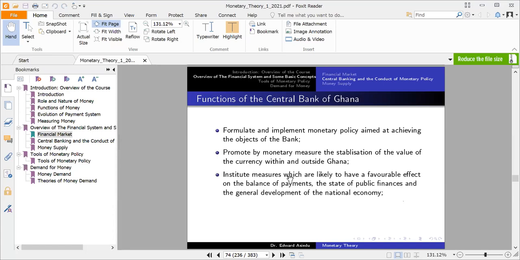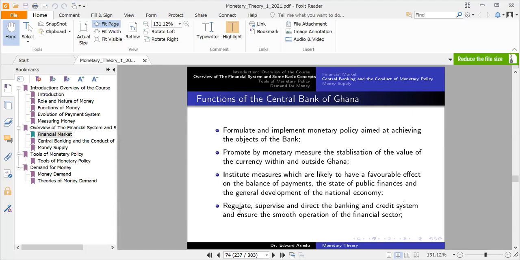The central bank is supposed to institute measures which are likely to have a favorable effect on the balance of payments, the state of public finance, and the general development of the economy. So the central bank's role is not just managing the money, but managing the money such that the economy will grow and develop. So they also have an allocative role there.